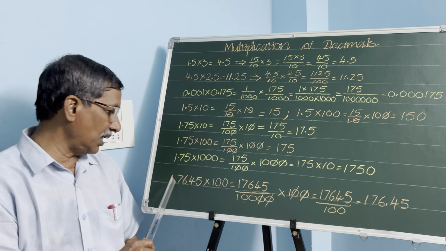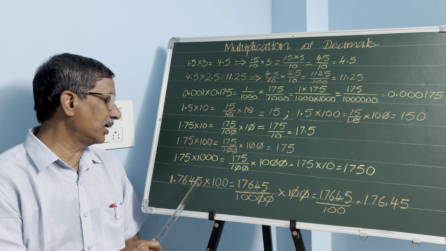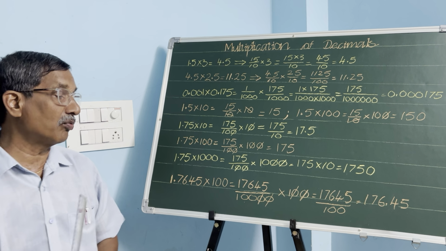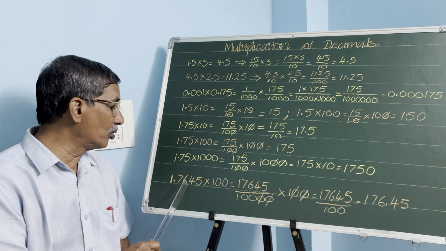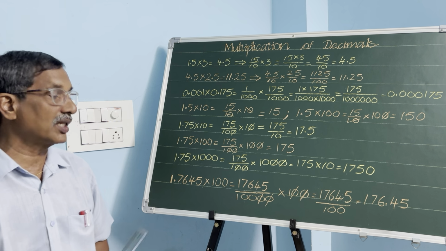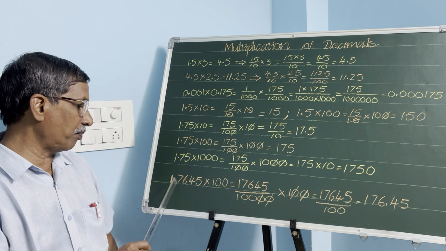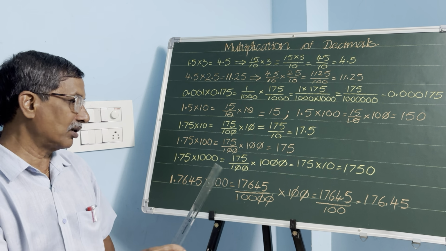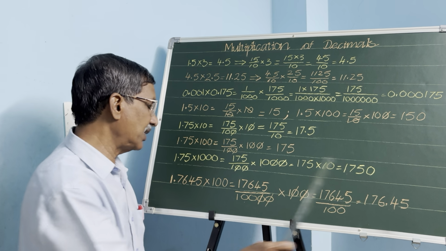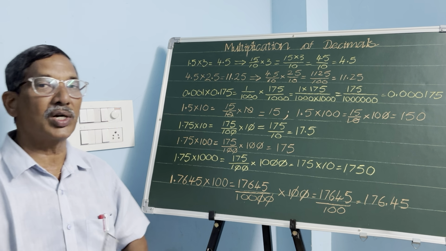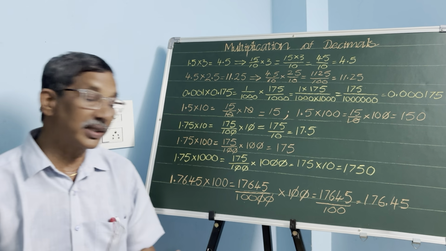See here, there are 4 decimal places in the multiplicand and 2 zeros in the multiplier after 1. So the point should move 2 places towards the right side. So 1.7645 into 100 is equal to 176.45. It moved 2 places towards the right side.